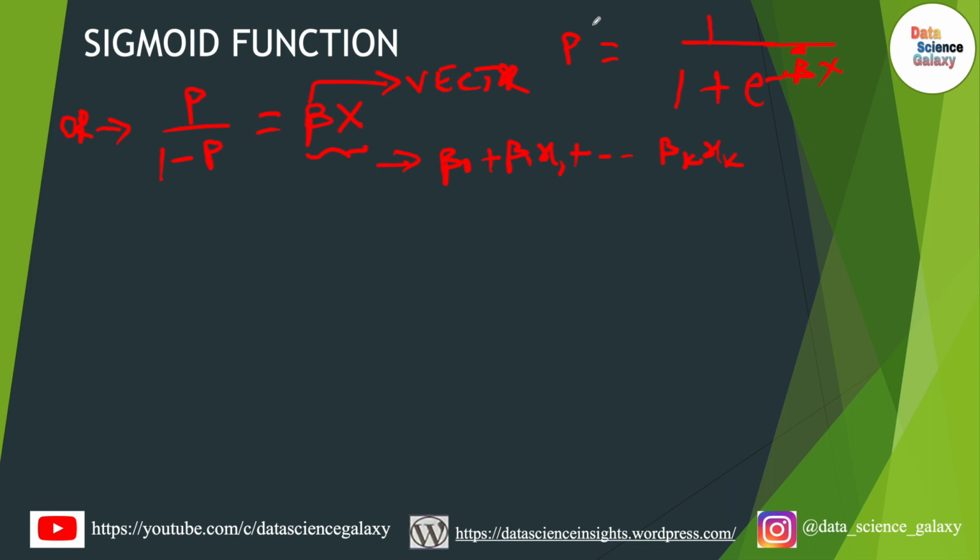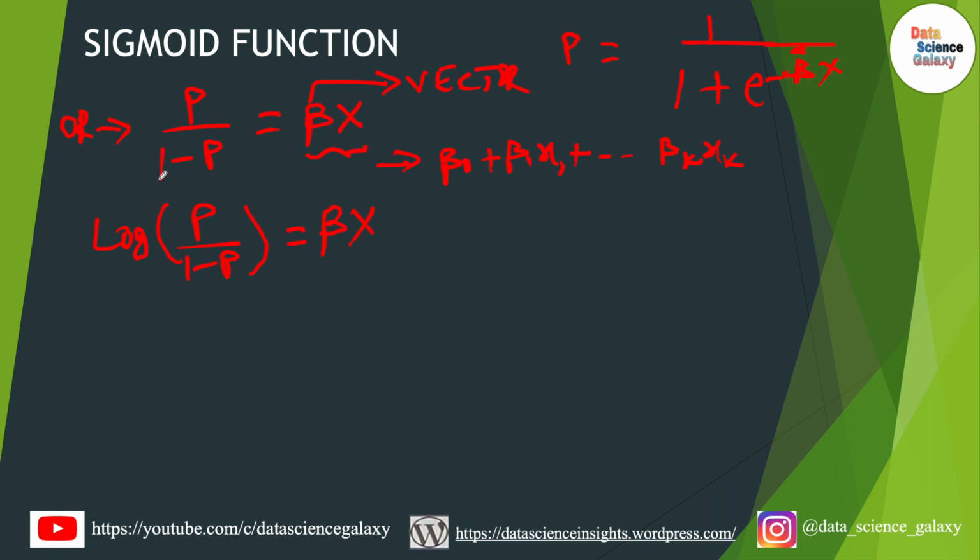So I'll think logically how to get there. One of the ways of doing it is taking a logarithm. Logarithm of p upon 1 minus p can be equated to beta dash x on the right hand side. I've simply taken a logarithm.